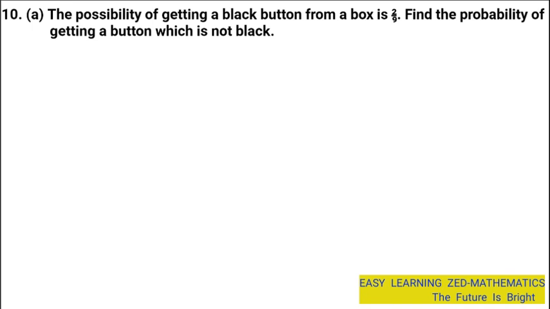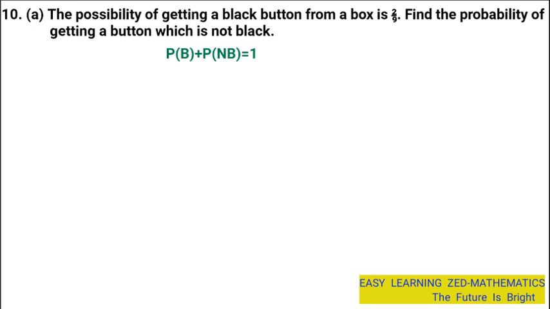So what we're going to do is, since we are given the probability of getting a black button, we are going to add the probability of getting a black button plus the probability of getting a button which is not black, which should give us 1.